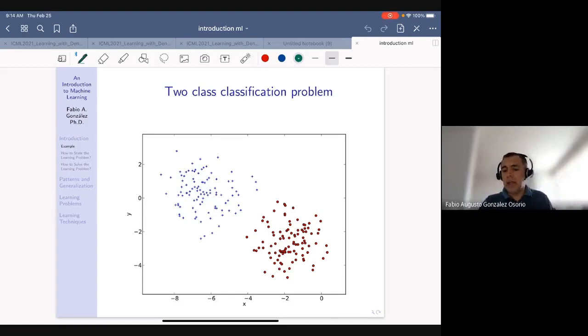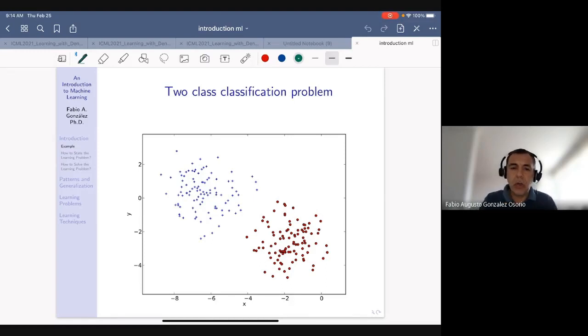For instance, this could be representing email messages. We want to classify them either as spam or as normal messages.